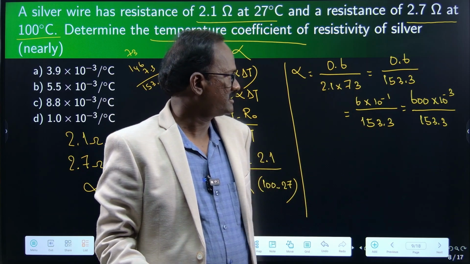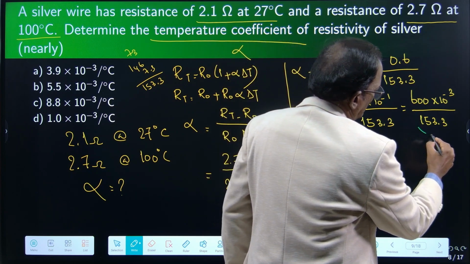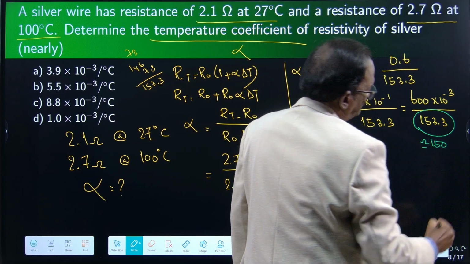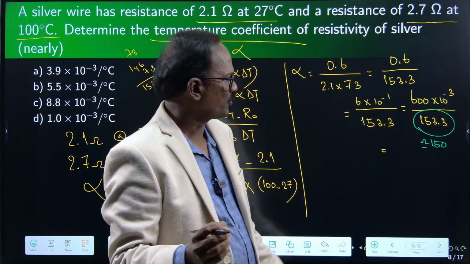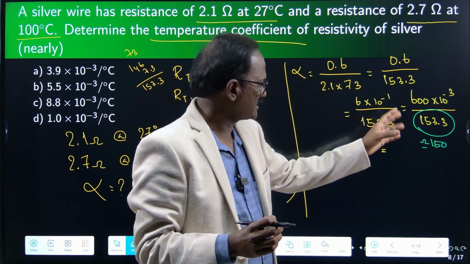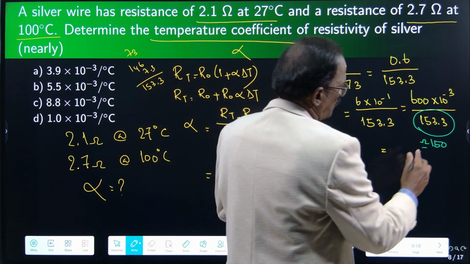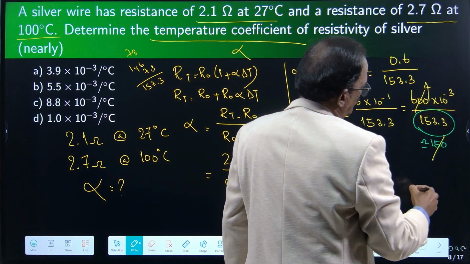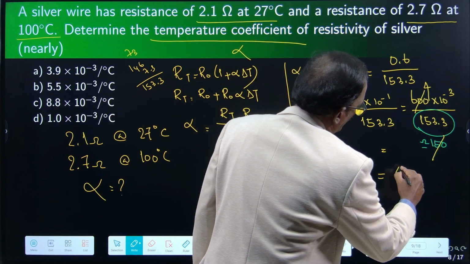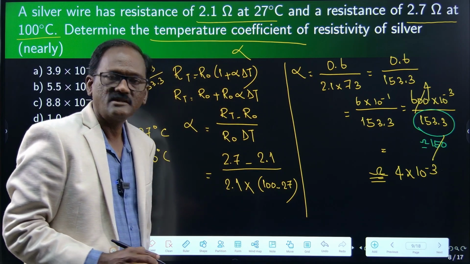This 153.3, I can approximate it as 150, so that we can easily do the calculation. Then we will find the closest value to the given options. Now 600 divided by 150 is 4. So the answer will be 4 into 10 to the power of minus 3. This is the approximate answer.